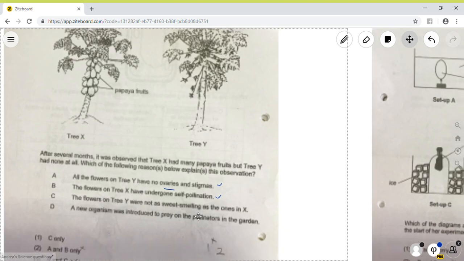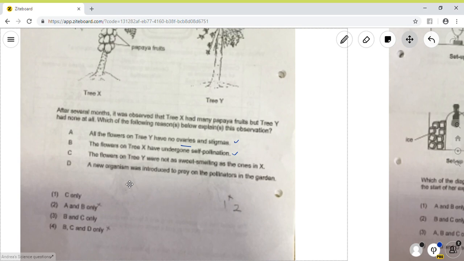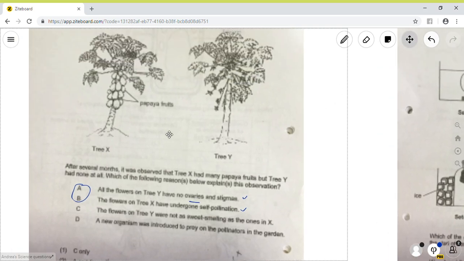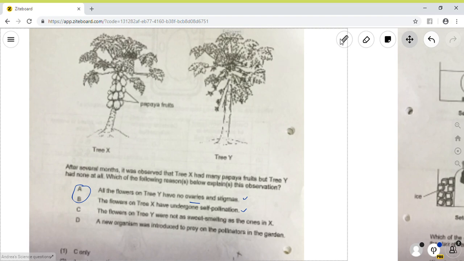Not as sweet smelling, this is a tough question. Another thing we can do is look at the options. B is confirmed, so I would choose A and B. Self-pollination means the papaya tree itself has got both male and female parts.